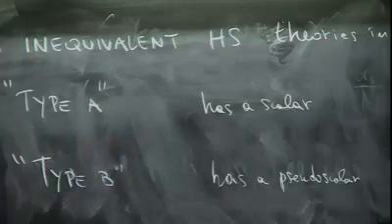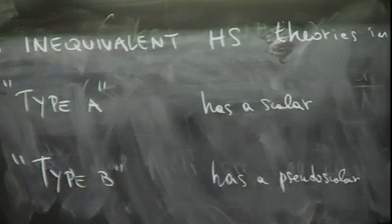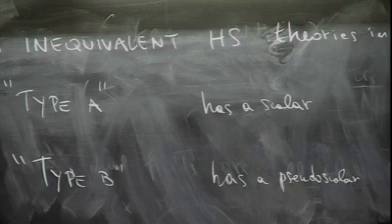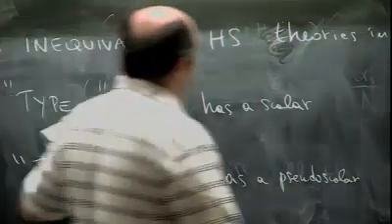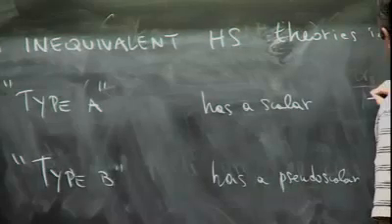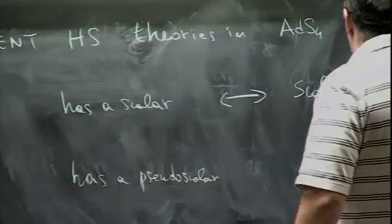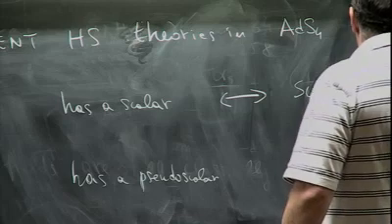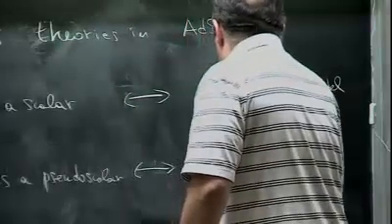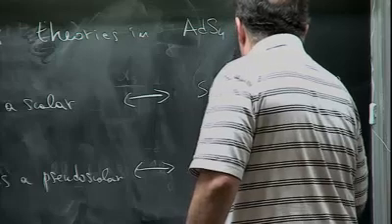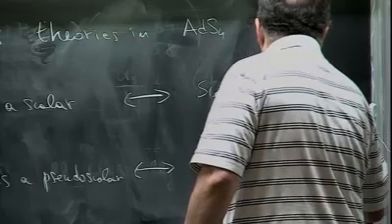Okay, and we understand this clearly from the point of view of AdS/CFT, because the first variant is dual to a scalar vector model, and the second one to a fermion vector model.